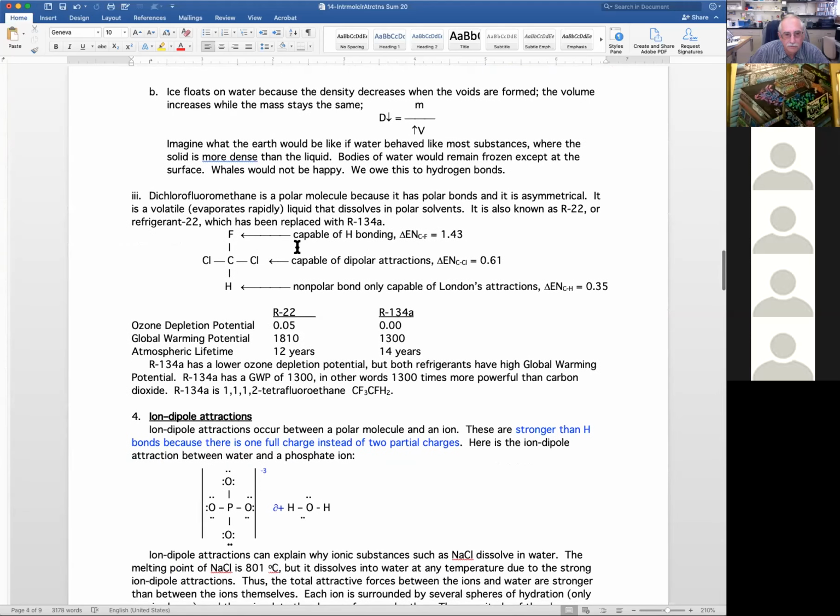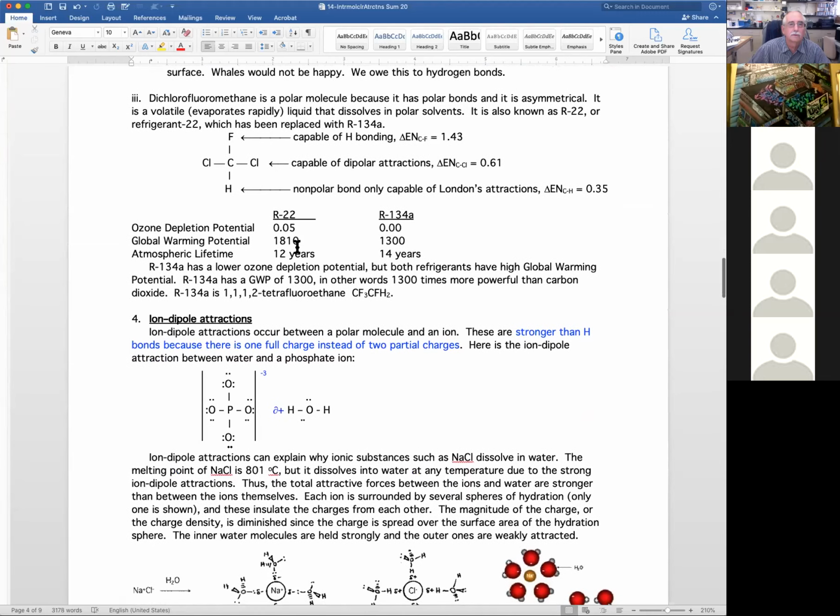Brings us to another example, refrigerants. So here is dichlorofluoromethane. So methane was all 4 of these were hydrogens. They're replaced with 2 chlorines and 1 fluorine. So this is called R22, refrigerant 22.